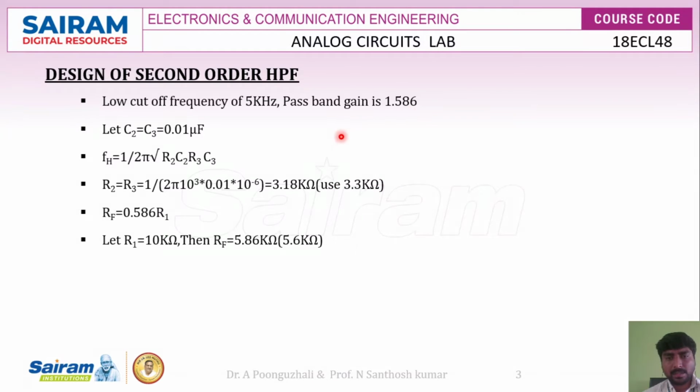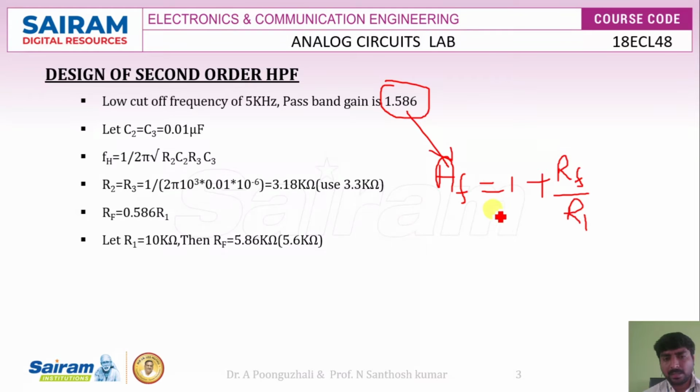We know that, since this circuit will be connected in non-inverting amplifier mode, the gain of this will be given as AF equals 1 plus RF by R1, right? Since AF is 1.586, already we have discussed, the gain is 1.586.